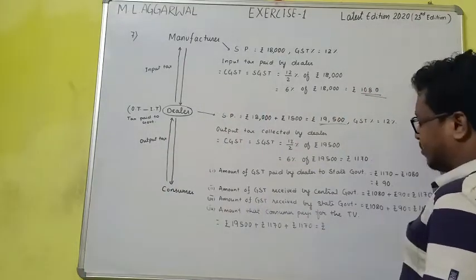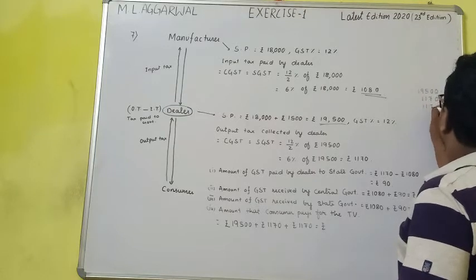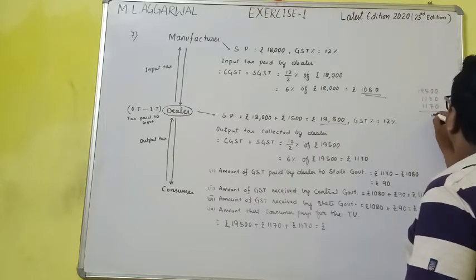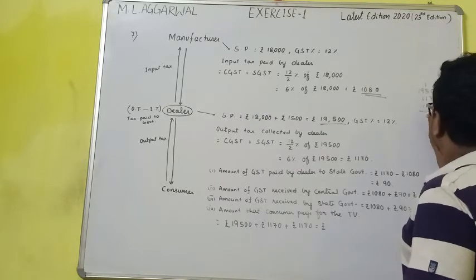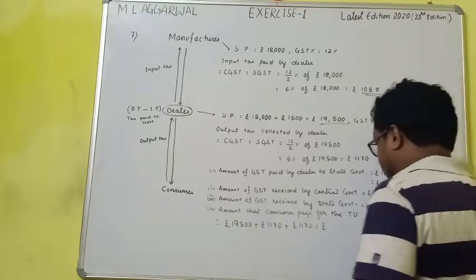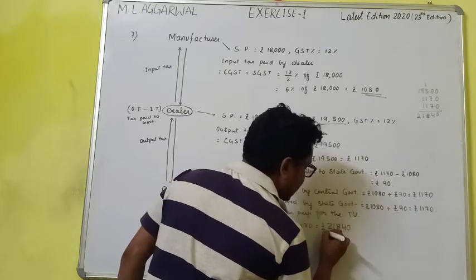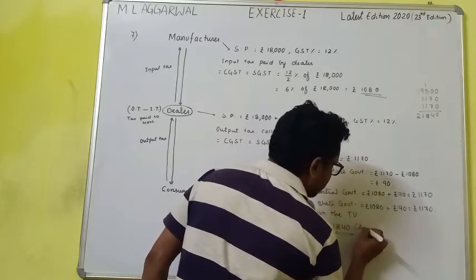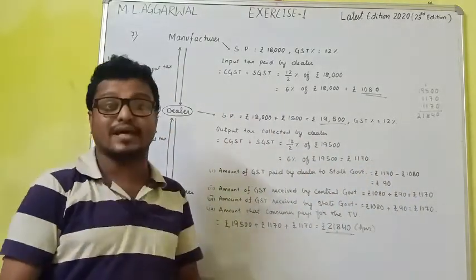So 19,500 then 1170 plus 1170 is 2340, so it will be 21,840 that the consumer has to pay. So this is all about your question number 7.